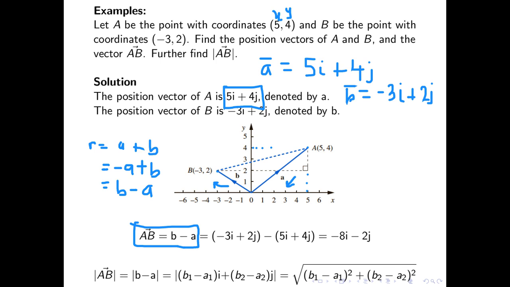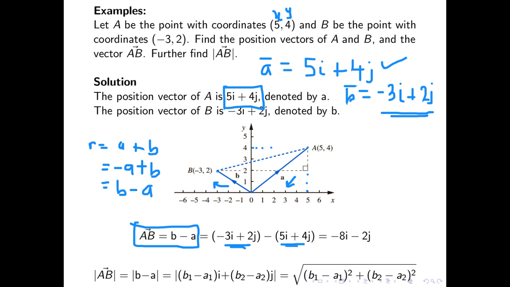We already know the position vector of B to be minus 3i plus 2j. So I have it substituted here. Then the position vector of A is 5i plus 4j, which is what I have substituted.